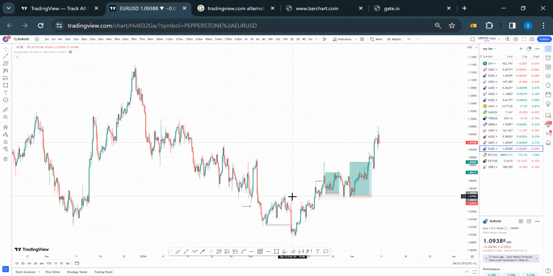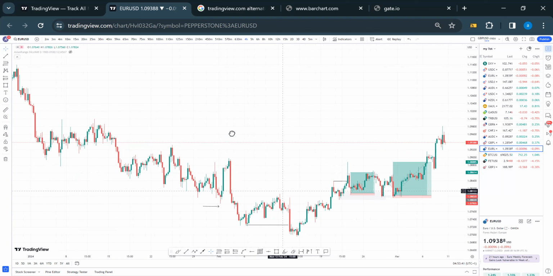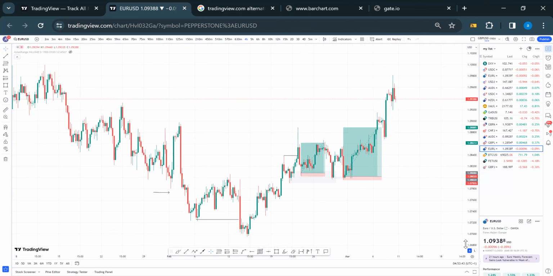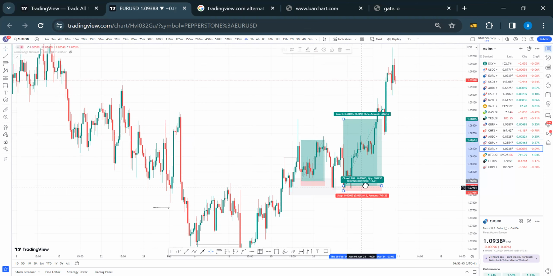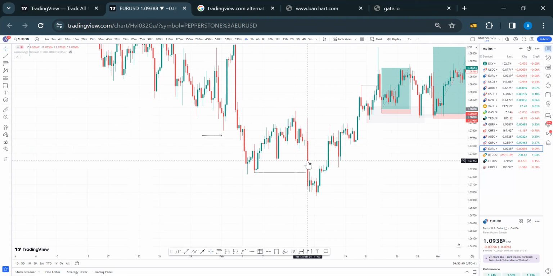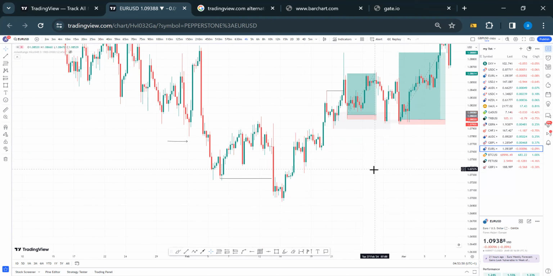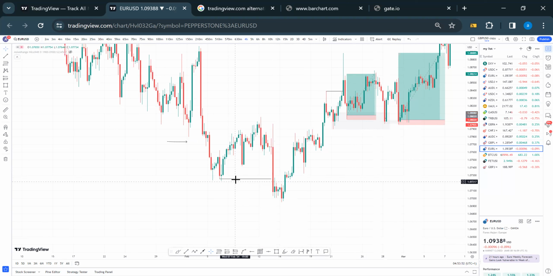Here we have this clear break of structure right here. This is a clear break of structure. So if that is a break of structure, then it depends on what we want to work with.